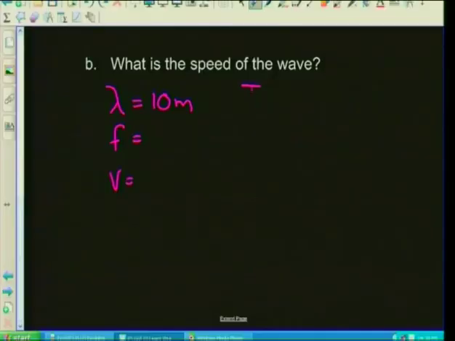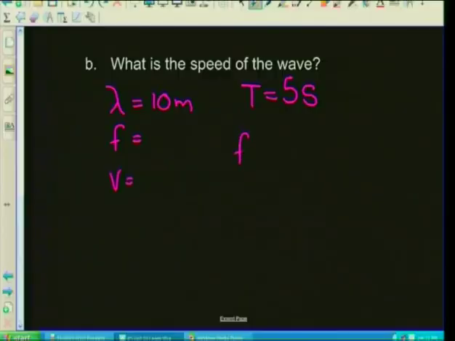Now, what they said to us is it takes 5 seconds for one wave to pass a point. What are they giving us? They're giving us period. Because remember, period is the time taken for one wavelength to pass a point. So they're saying to you, period is 5 seconds.